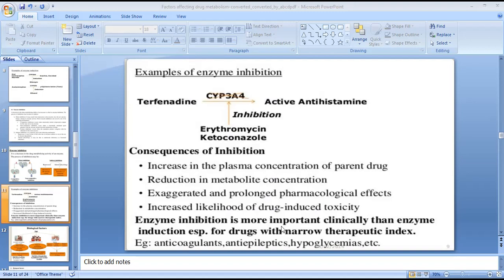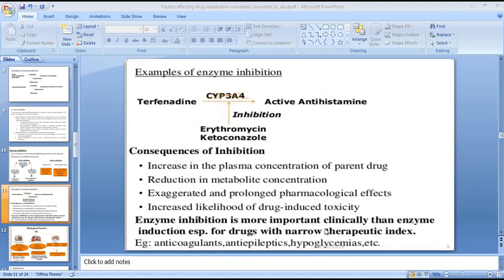Then enzyme inhibition is more important clinically than enzyme induction. See, inhibition of the enzyme is more important than the enzyme induction step, especially for drugs with a narrow therapeutic index. So we have seen both processes, enzyme induction as well as enzyme inhibition. But from a comparison point of view, enzyme inhibition is more important clinically and therapeutically than the enzyme induction state.